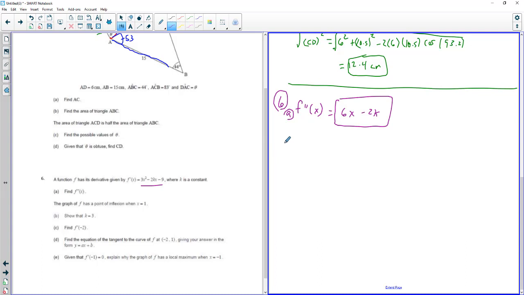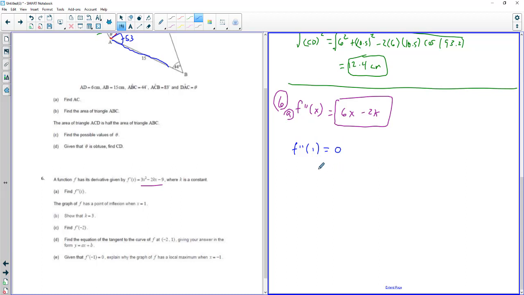Okay. The graph of f has a point of inflection where x equals 1. Okay. Show that k is equal to 3. If it has a point of inflection, the graph of f, where x equals 1, that means that the second derivative at 1 will have to equal 0. That's kind of the rule there. And points of inflection happen where the second derivative equals 0.